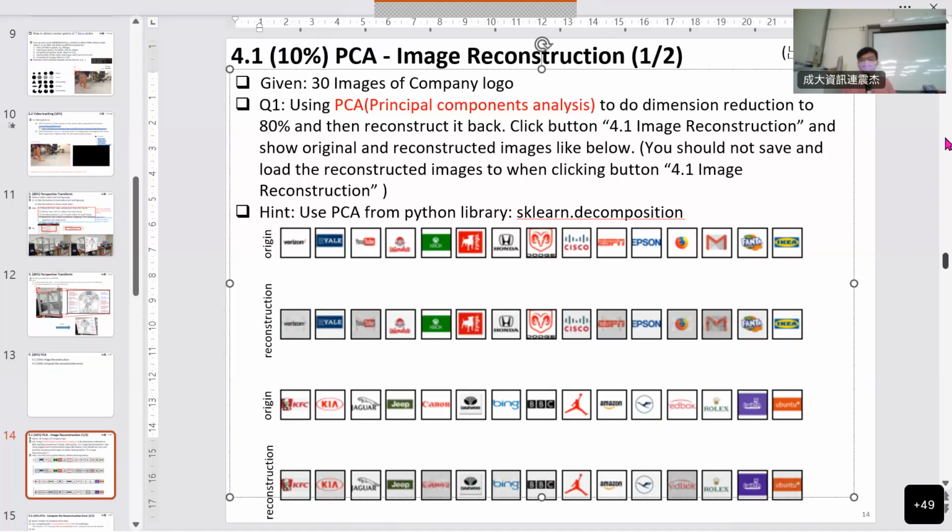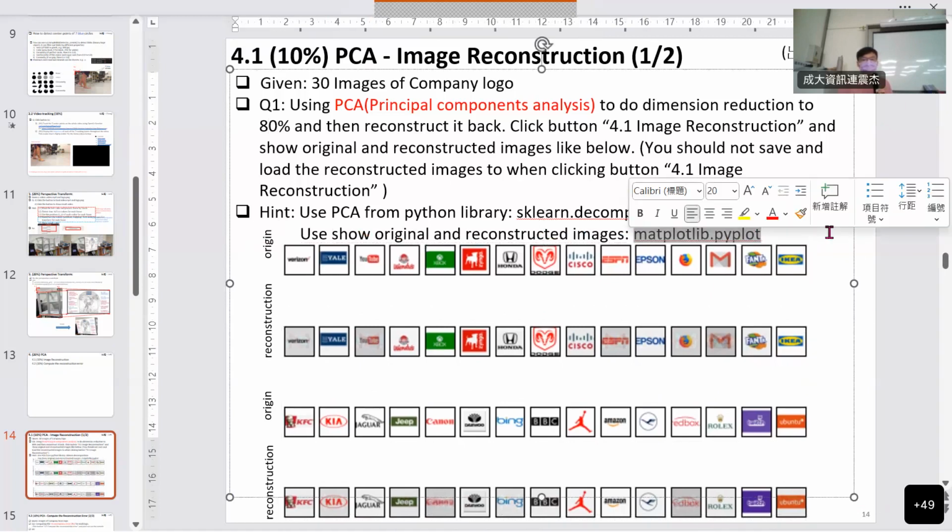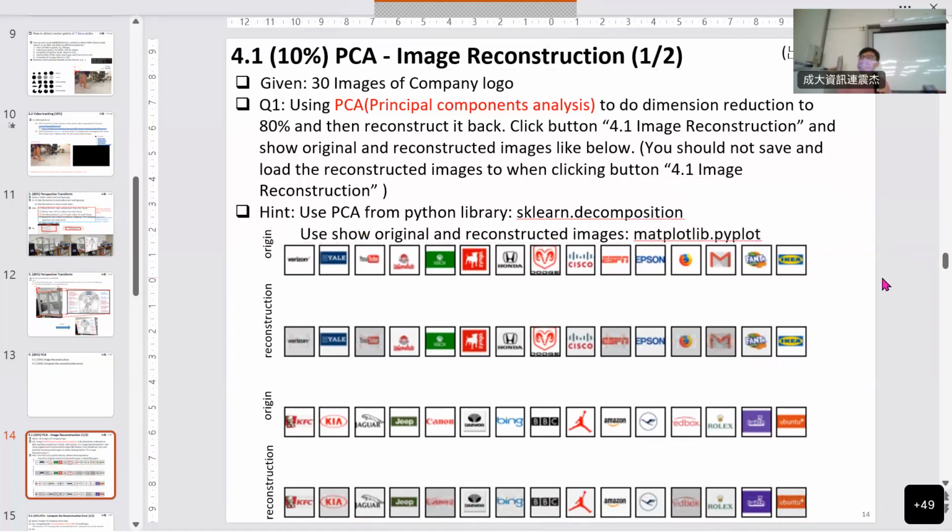And when you click the section button, you need to output those 30 original images and the reconstructed images down below using the matplotlib function. And to prevent some cheating, you should not save the reconstructed image.